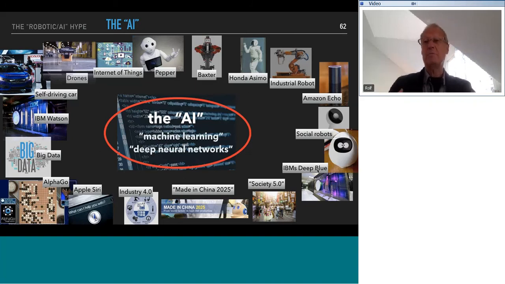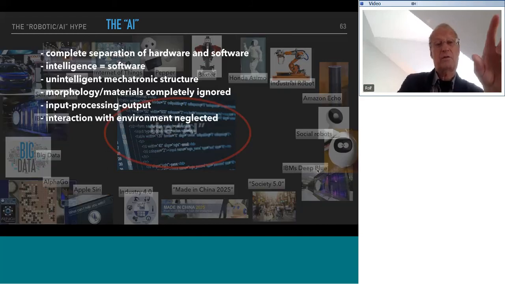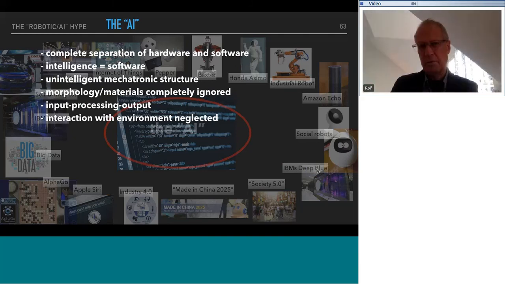I think it should be embodied if we want functionality in the real world, but the way people and the media now look at it is just these deep neural networks, machine learning, pure algorithms. So in this view there's a complete separation between hardware and software, and, of course I disagree with this, intelligence equals software.